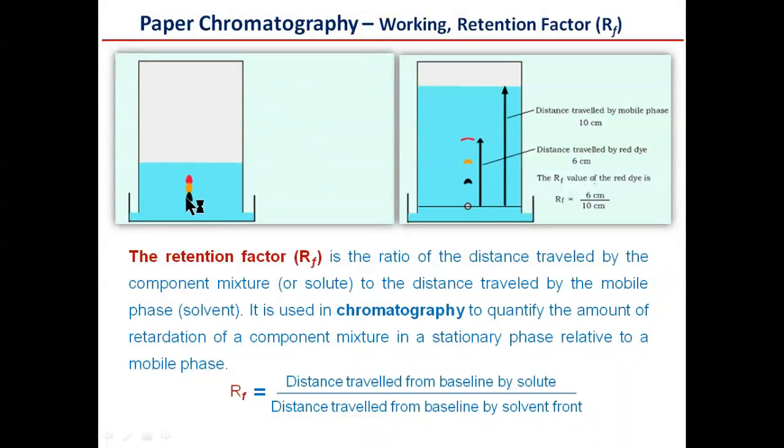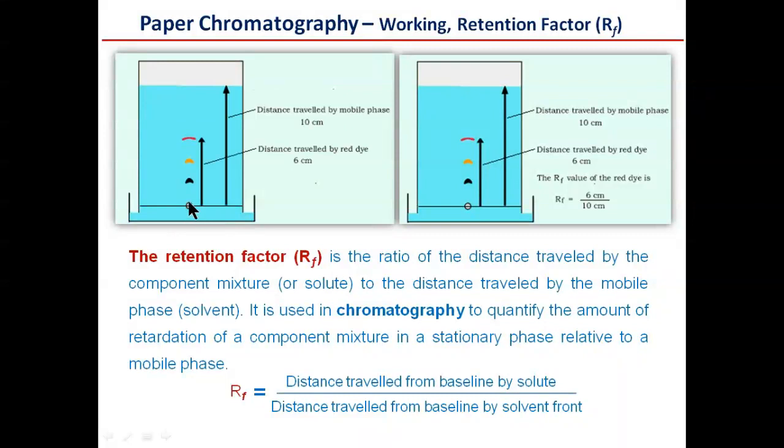Once we spot the mixture, you can see in the figure it is very clear. We spot the mixture at the origin, which is just above the level of the solvent, or mobile phase. This is the component mixture, for example, a mixture of dyes.